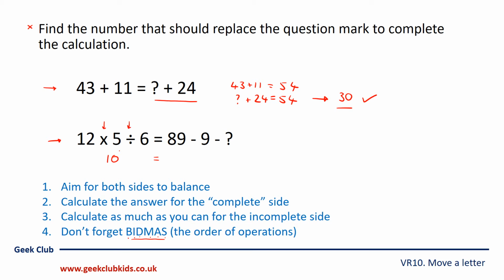We've got 89, take away 9, take away something, which should equal 10. We can't work it all out now, but we can work out this bit. 89 take away 9 is 80. So now we've got 80 take away something needs to equal 10. And again, that's just a normal maths question. 80 take away 70 would equal 10. So that would be the right answer here.